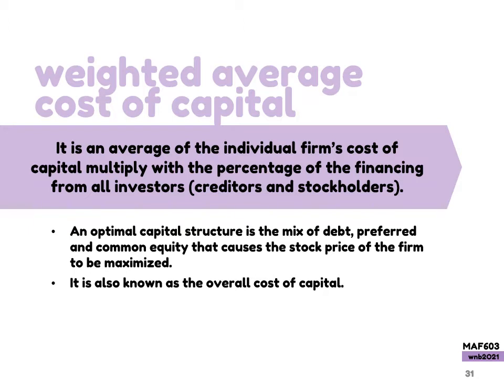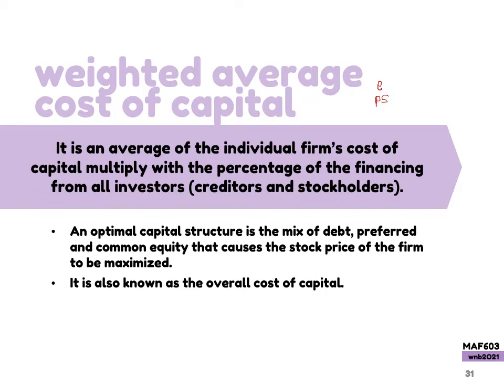It is an average of the individual firm's costs of capital that we are going to multiply with the percentage of the financing from all investors. As you can still remember, in the first video, we discussed that for a firm, the capital can be in terms of equity, and also we have preference share as well as debt.